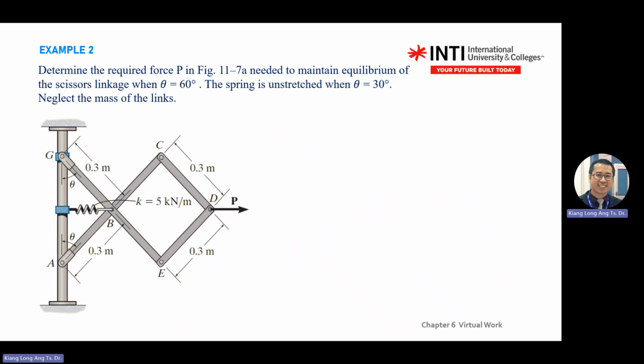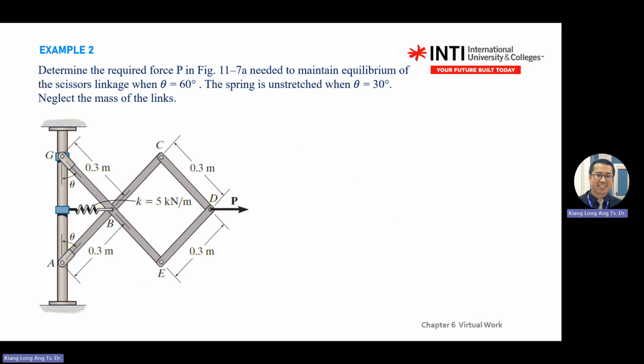Now, before you solve, you need to see it as a free body diagram. This one is a free body diagram. The force at G will be pointing in the X direction to the right, so you have GX. A is a pin, free to rotate.